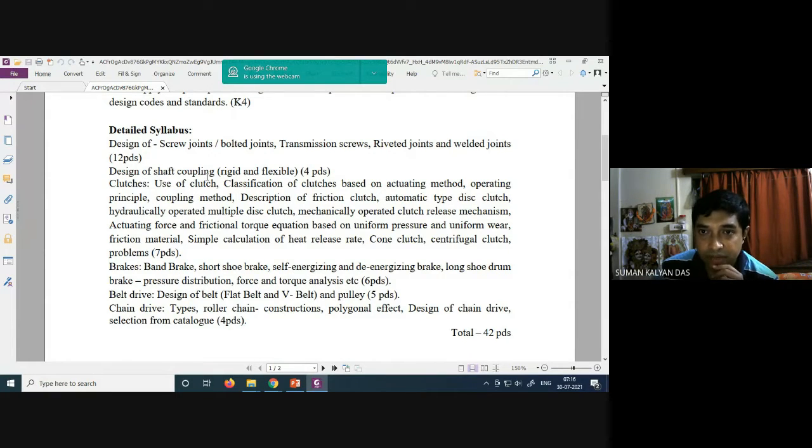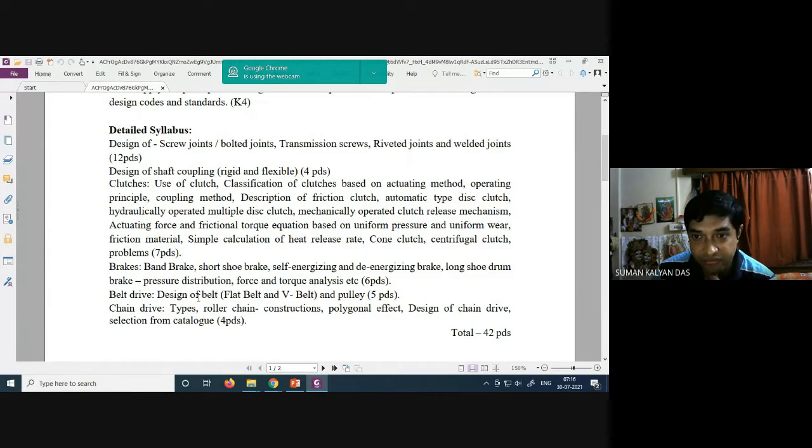Then the design of clutches and brakes. Clutches and brakes are very common components of automobile vehicles, so we will try to learn the basic design philosophy or background of these automotive components.